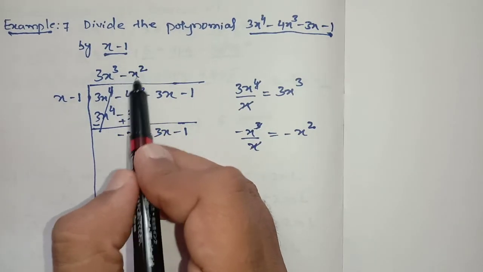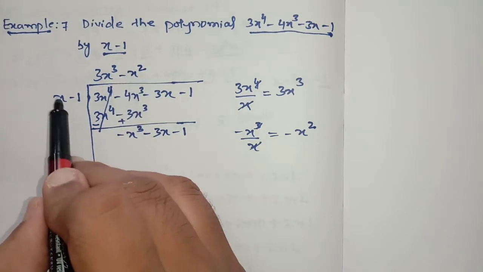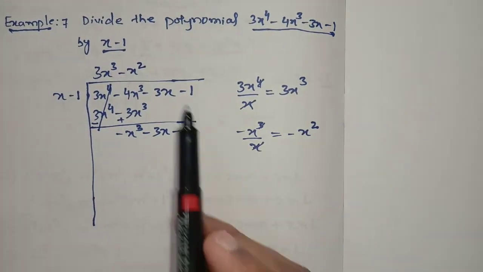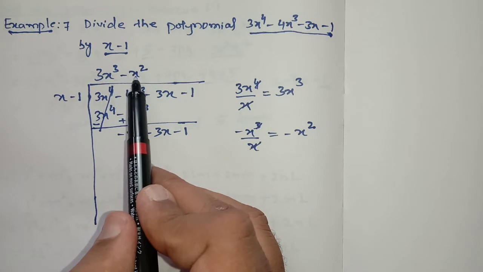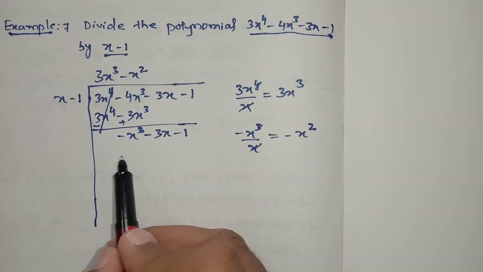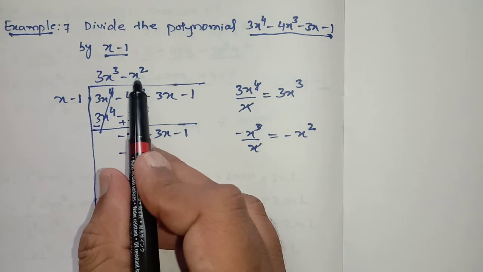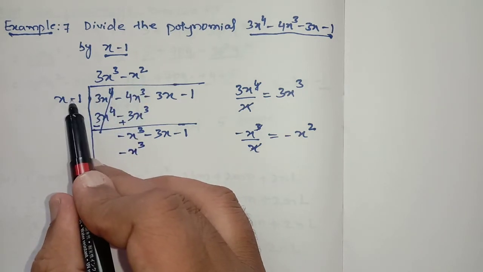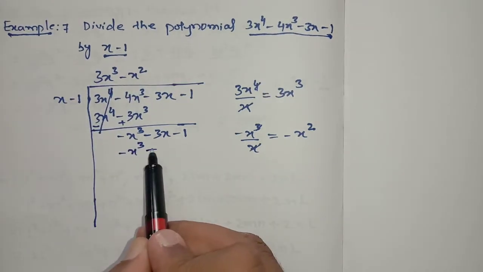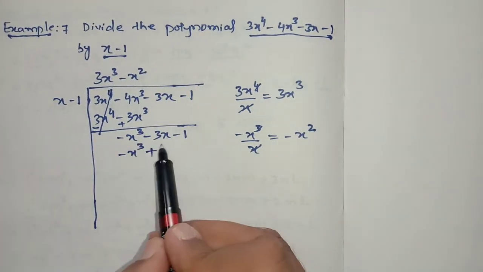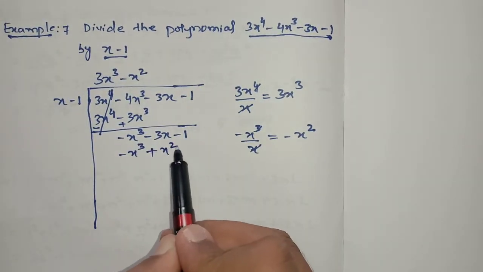Then this minus x square has to be multiplied with the divisor, students. Minus x square into x will be minus x cube. Then minus x square into minus 1. Minus into minus is plus, students. X square into 1 is x square.